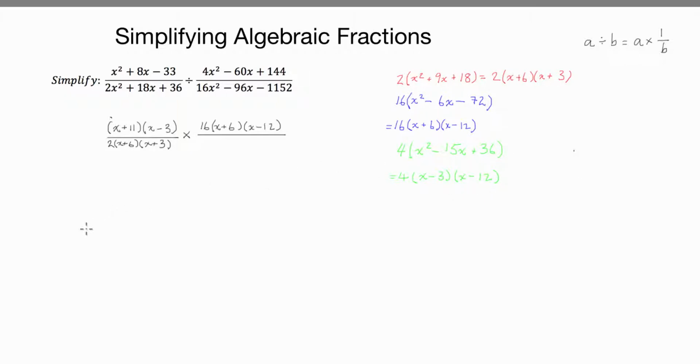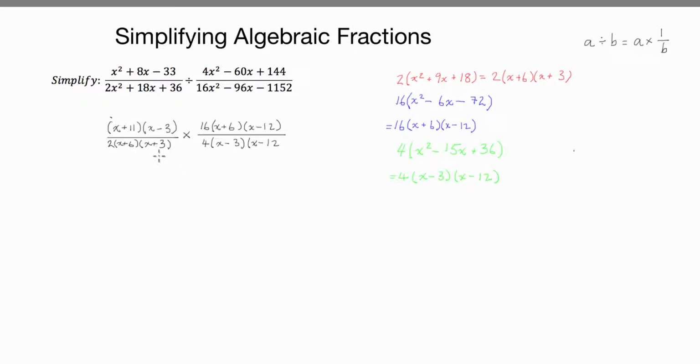So that's our denominator on the right-hand side. So I'll just throw that in. Great. So now we have this expression.